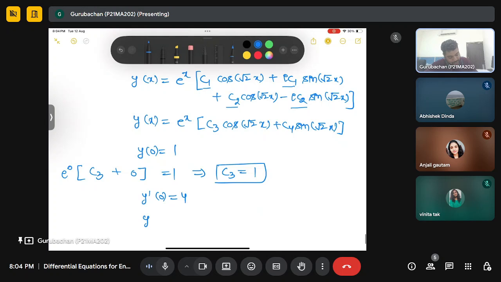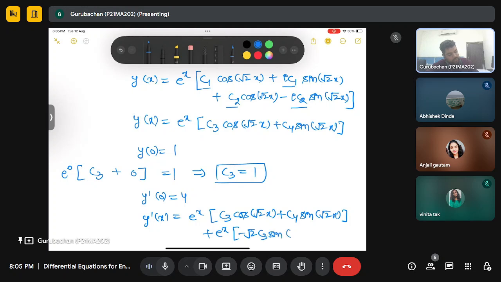So what is y dash x from here? y dash x will be e to the power x times c3 cos under root 2x plus c4 sine under root 2x, plus e to the power x times minus under root 2 c3 sine under root 2x plus under root 2 c4 cos under root 2x.